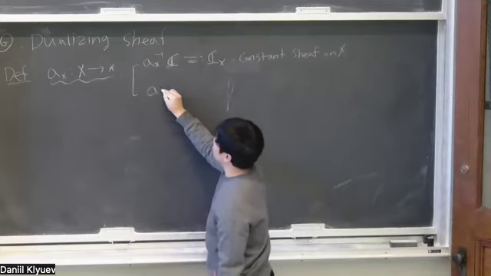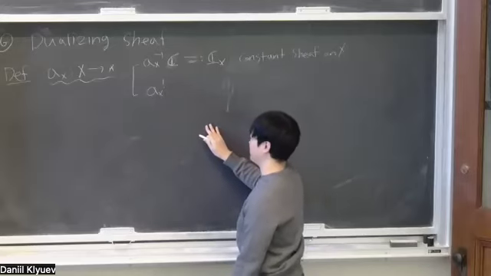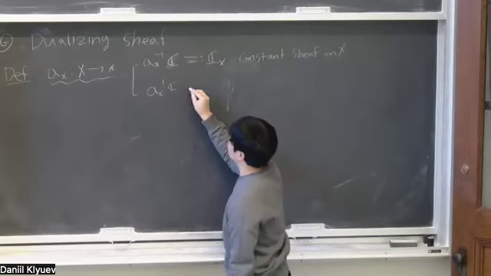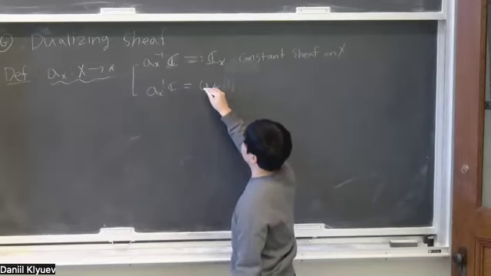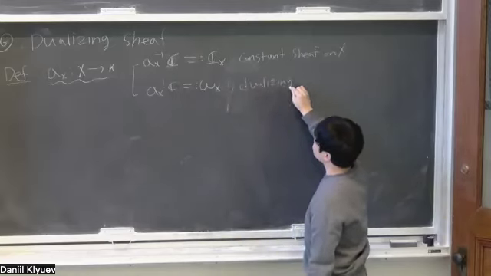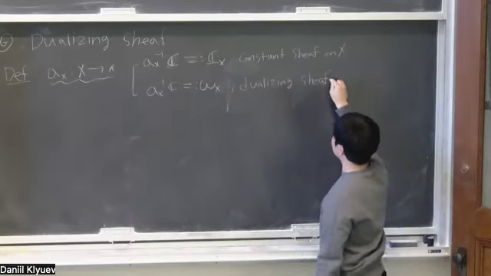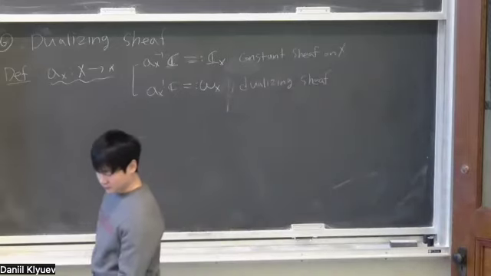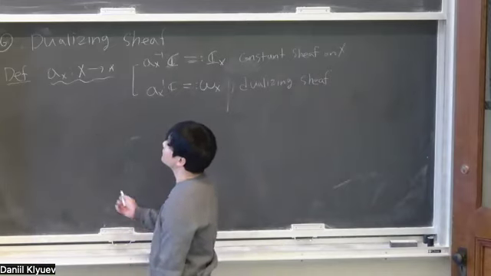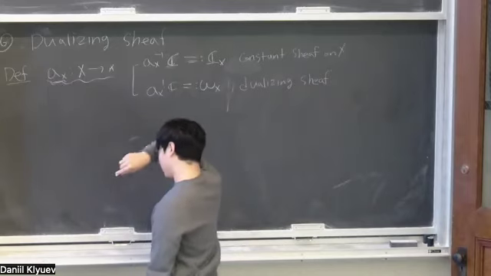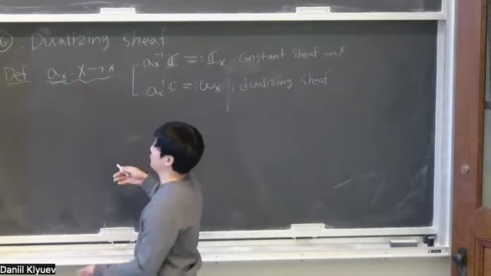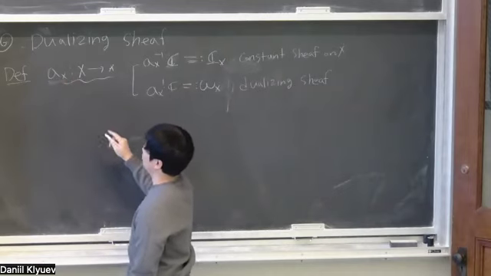And when we do the derived upper shriek functor, then we get the so-called dualizing sheaf. These maps are very important and useful in some sense.